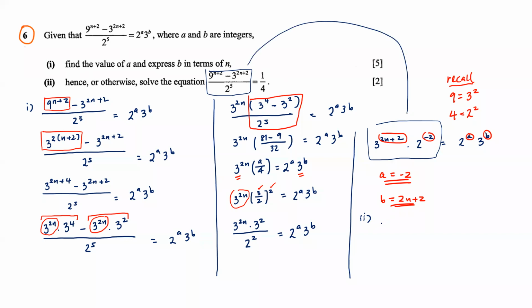Essentially, we can say that 3 to the power of 2n plus 2 times 2 to the power of minus 2 equals to 1/4. All right. Well, we could simplify the left-hand side because 2 to the power of minus 2 is equal to 1/4.